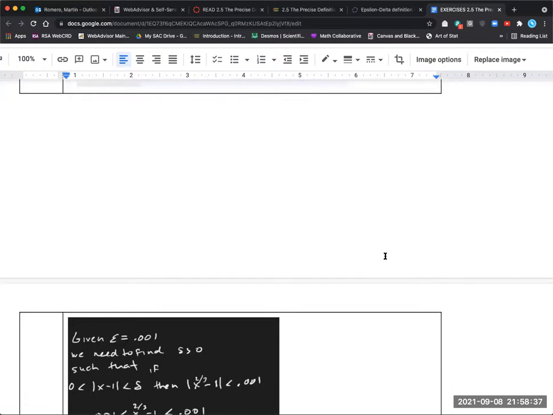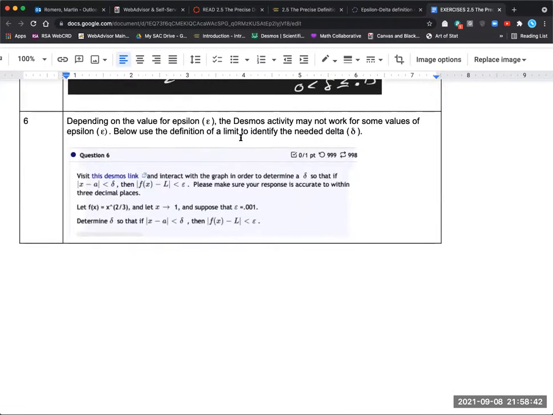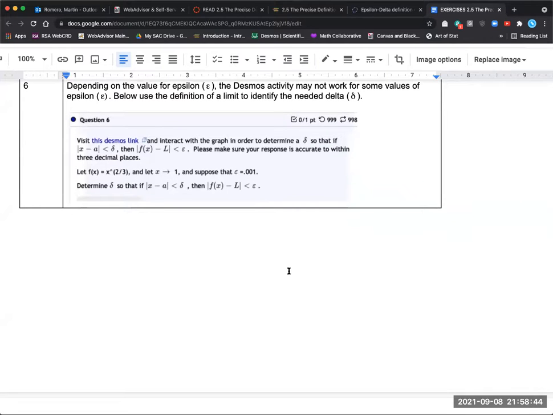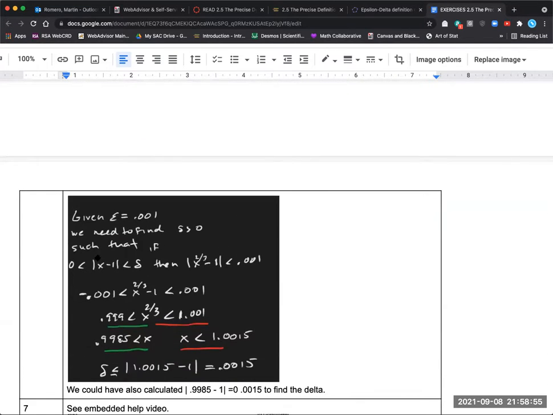Continue on. And then I think one of the problems on the homework set, you're asked to use Desmos, and I made a note that sometimes it doesn't work, and you're trying to determine the delta given some epsilon. And so given that case, again, you can see the mathematics that I'm doing using the definition.